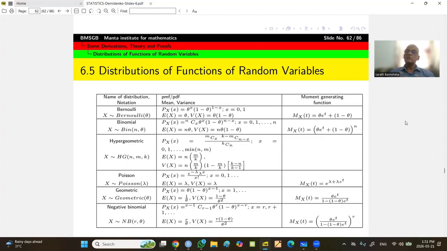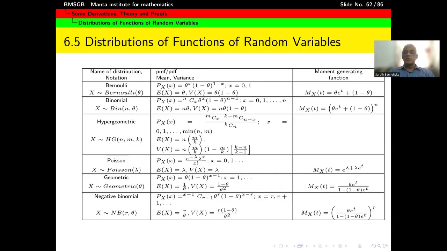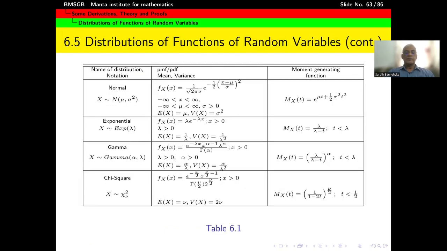We will use these to identify the distributions of linear combinations, linear transformations of these random variables. So I will be coming back to this table and the next table from time to time whenever I need it.